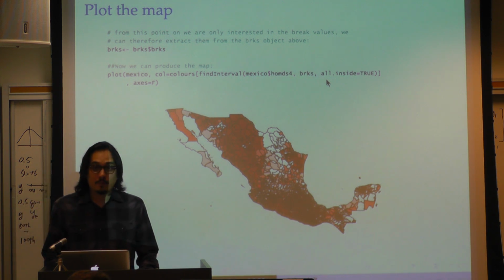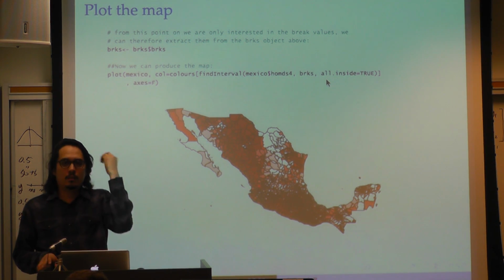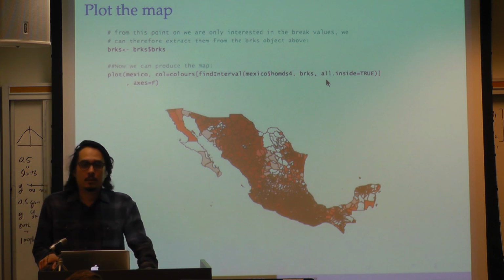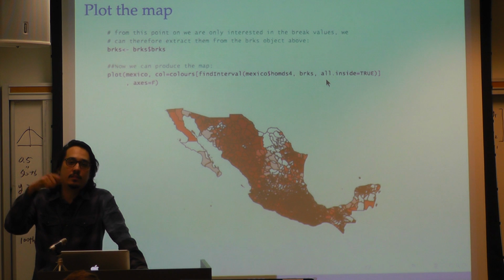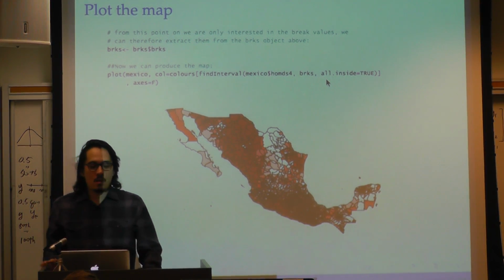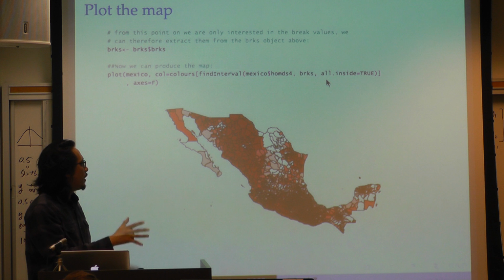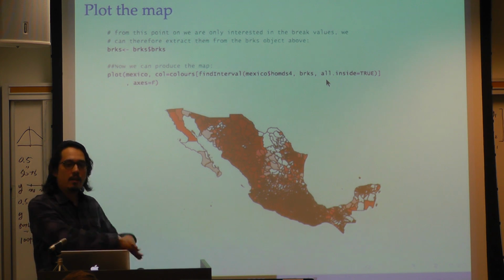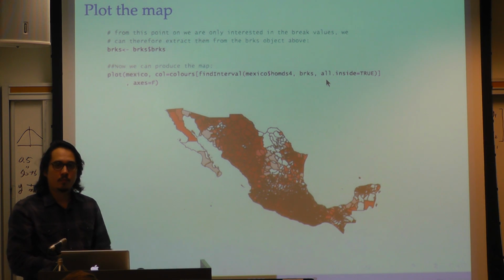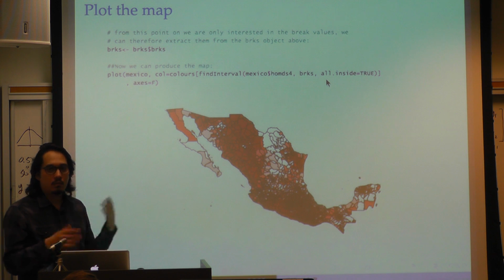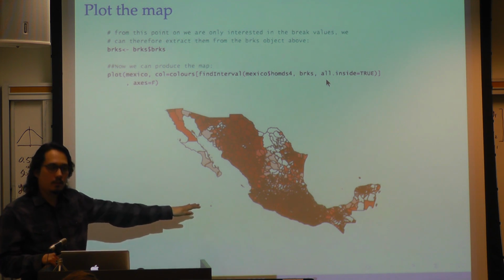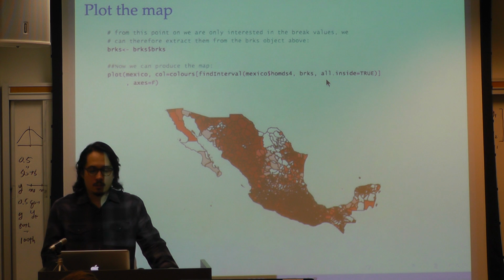Omar, let's assume you want to do the same but at the state level. You need a shapefile at the state level. So that's important. I'm using a shapefile at the municipality level for Mexico. If I was using a state level, I can overlay a state level shapefile as well.